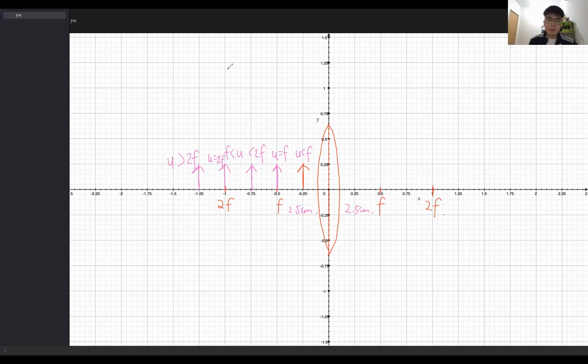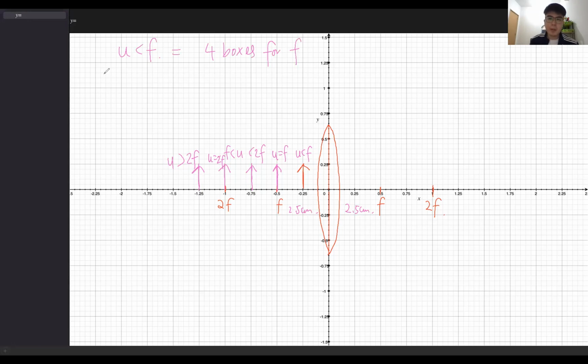For the first one, U less than F, you might want to adjust a bit, meaning that you might want to take a longer focal point. You can take like 4 boxes for the focal point.